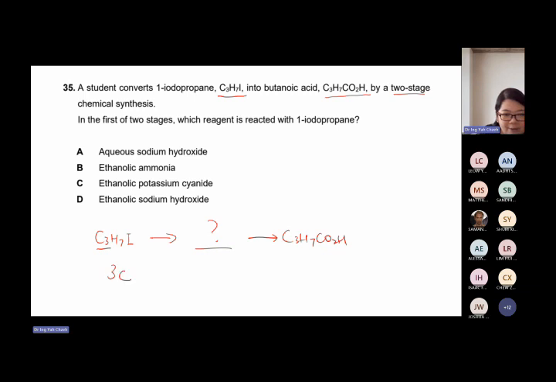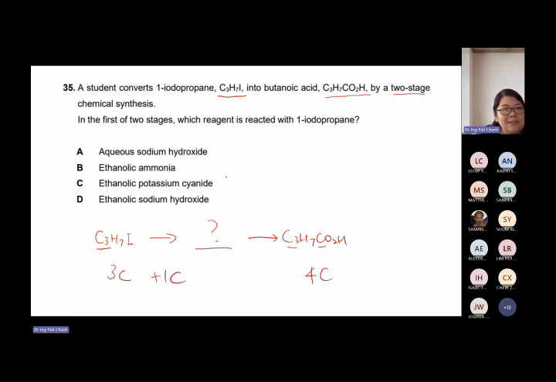The last one, butanoic acid, 3 carbon here, 1 more carbon here, total 4 carbon. So how do I get an extra 1 carbon? That means one of the stages must involve a cyanide ion being added or substituted. 3 to 4, so I need to add 1 more carbon.